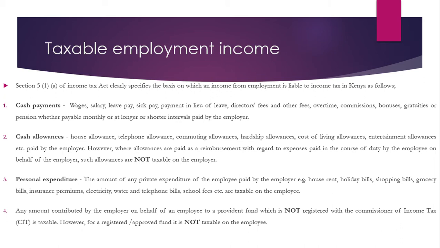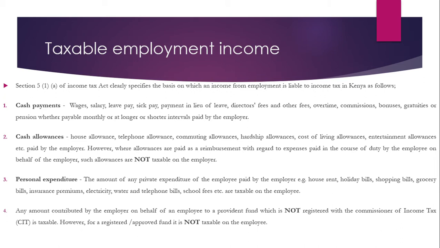Cash payments: wages, salaries, leave pay, sick pay, payment in lieu of leave, director's fees, other fees, overtime, commission, bonuses, gratuities, or pension, whether payable monthly or at longer or shorter intervals, paid by the employer. 2. Cash allowances: house allowance, telephone allowance, commuting allowance, hardship allowance, cost of living allowance, entertainment allowance, etc.